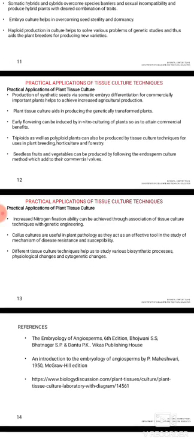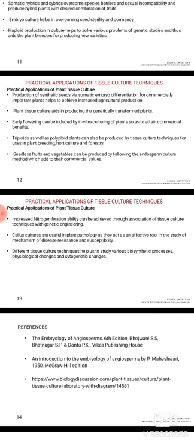Triploids as well as polyploid plants can also be produced by tissue culture technique for use in plant breeding, horticulture, and forestry. Seedless fruits and vegetables can be produced by the following endosperm culture methods, which add to the commercial value.